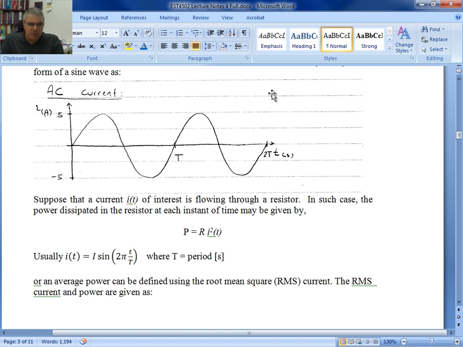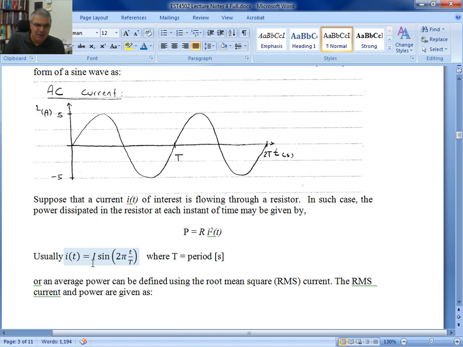So as such, up here it's going to be 2T, and it's going to give us this pattern that you can see here. Usually I sub t is I sine 2 pi t divided by the capital T, in which capital T is the period.